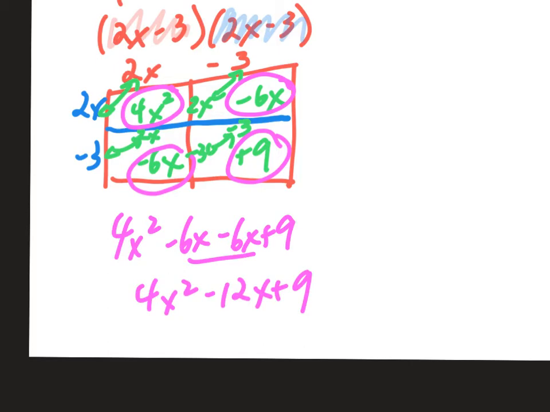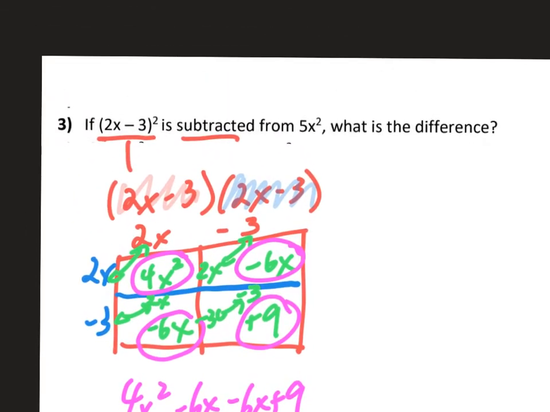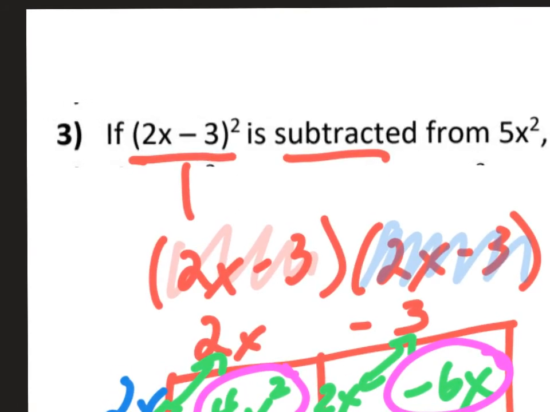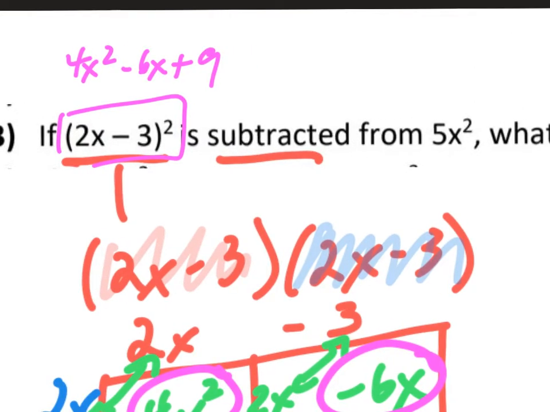Okay, so I just simplified that expression, but I'm not done, right? I simplified 2x minus 3 squared to 4x squared minus 12x plus 9. Now, what I want to do is subtract it from 5x squared.